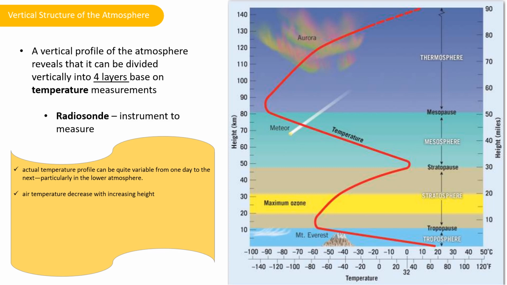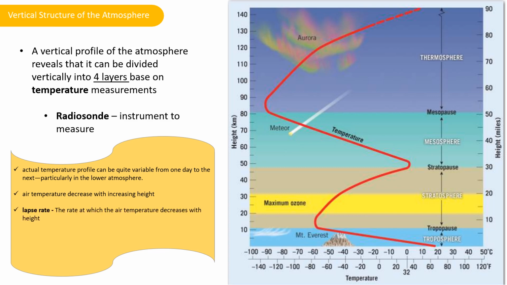The x-axis represents the temperature, and the y-axis represents the height in kilometers on the left side, and on the right side, it's the height in miles. As you go up, the higher the altitude, the less the temperature decreases.